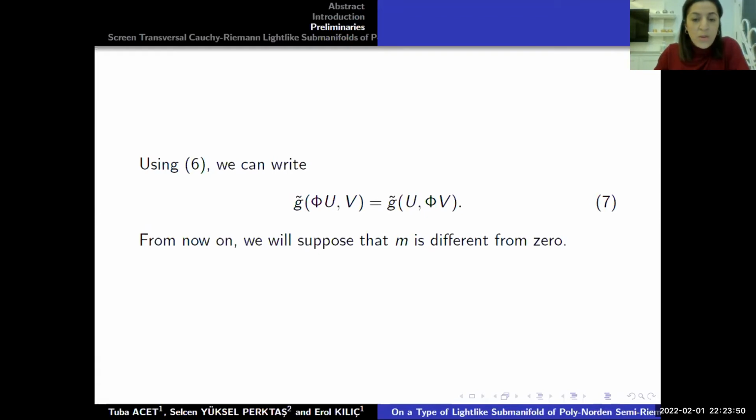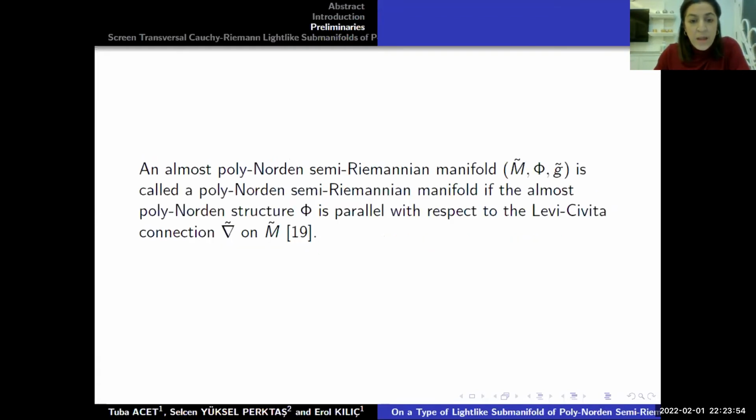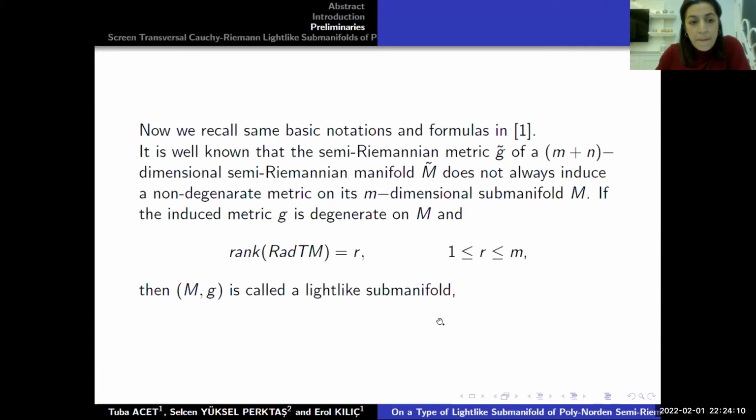So we choose m different from 0. And an almost Poly-Norden Semi-Riemannian manifold is called just a Poly-Norden Semi-Riemannian manifold if the structure phi is parallel with respect to the Levi-Civita connection on M tilde.